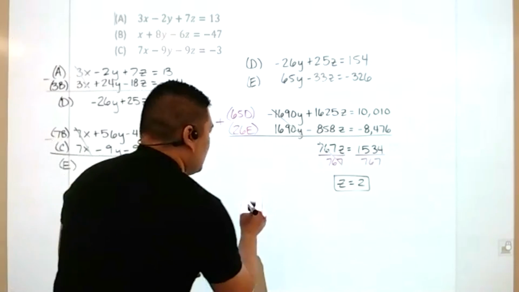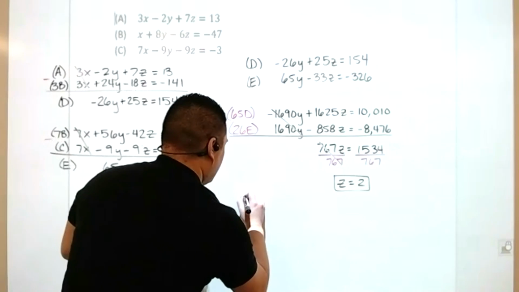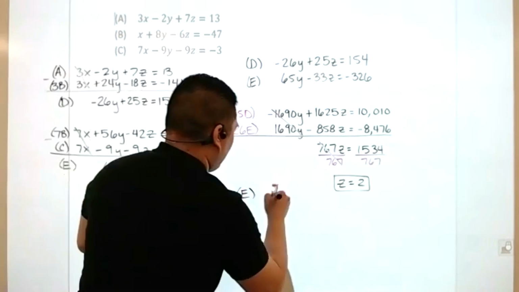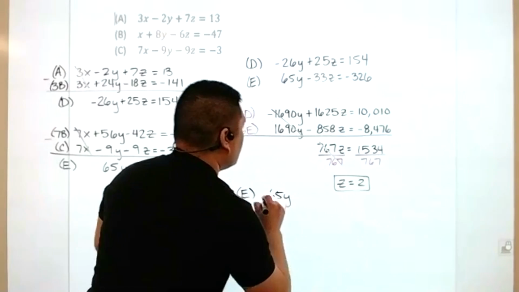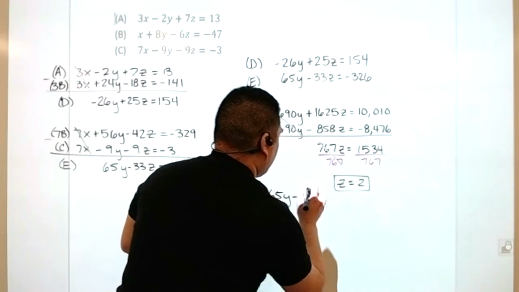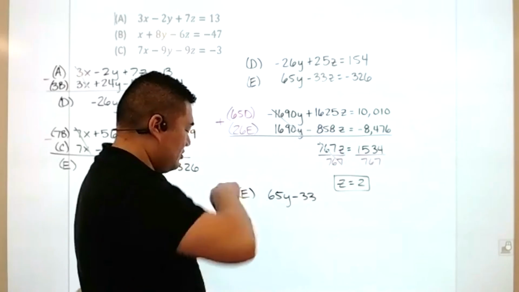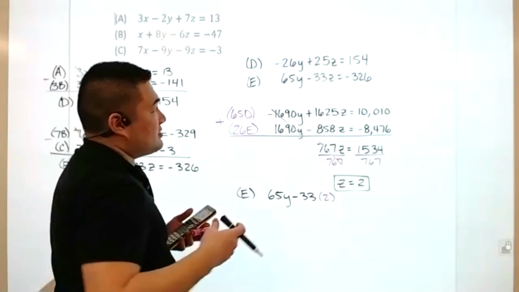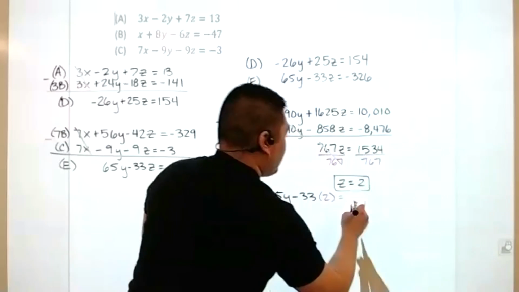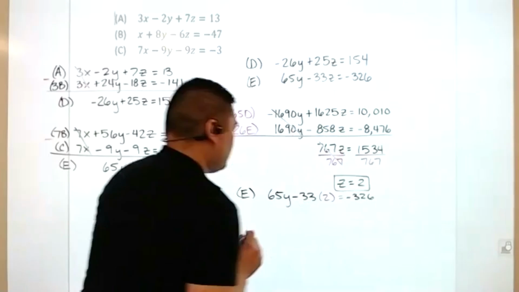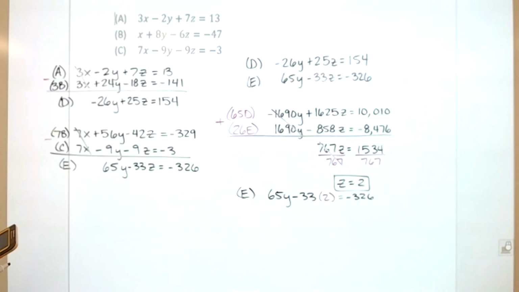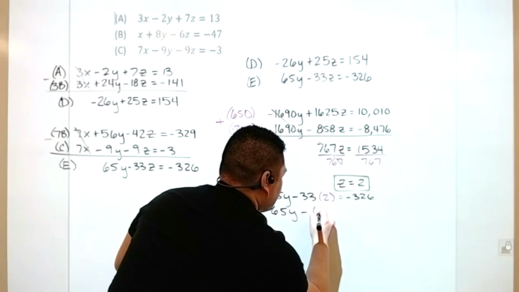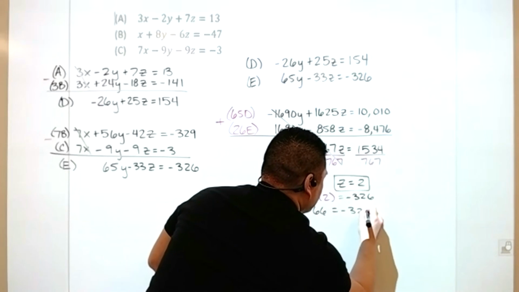Why not? So let's see, do I have room here? E is going to be 65y minus 33, but z is 2. So I'm just going to go ahead and plug in right away. Equals negative 326. So 65y minus 66 equals negative 326.